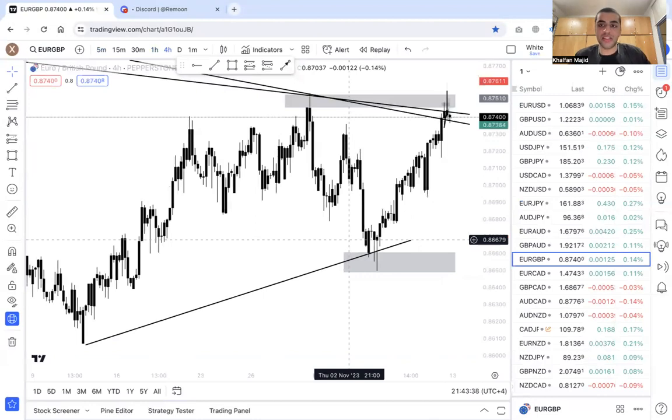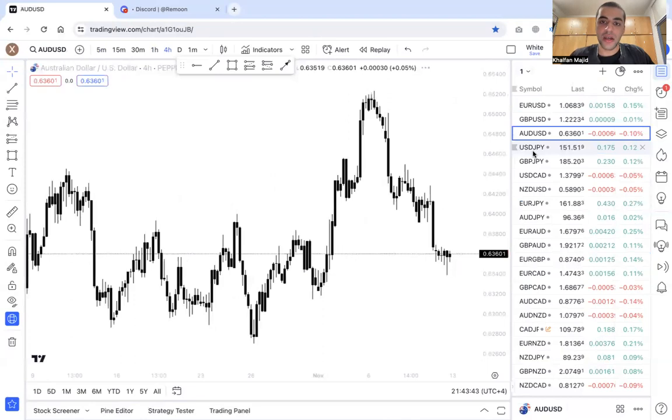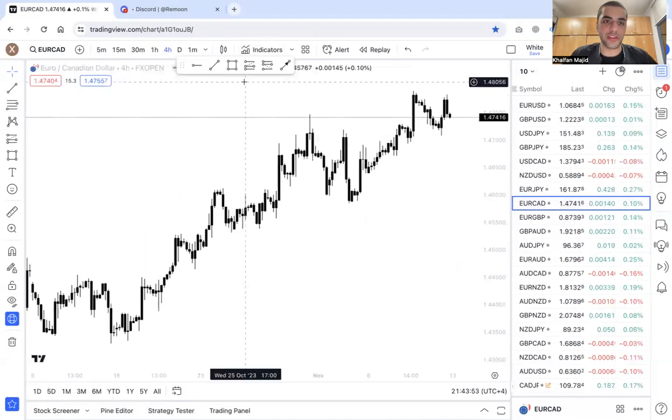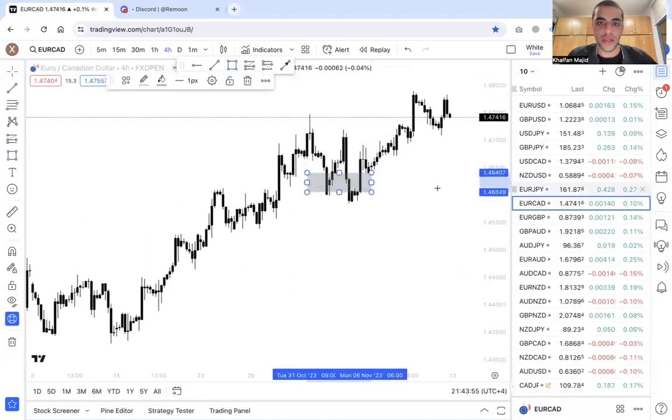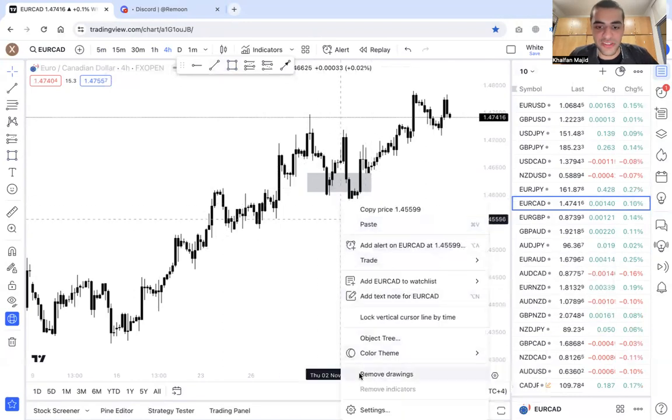Yeah, you can always have list number one, then go back and remove things, but why? Because it's more efficient. You go to list number 10 or a brand new list, then go to the support zone, draw a new support zone, new whatever. It's way more efficient, way faster, because you just started the day.